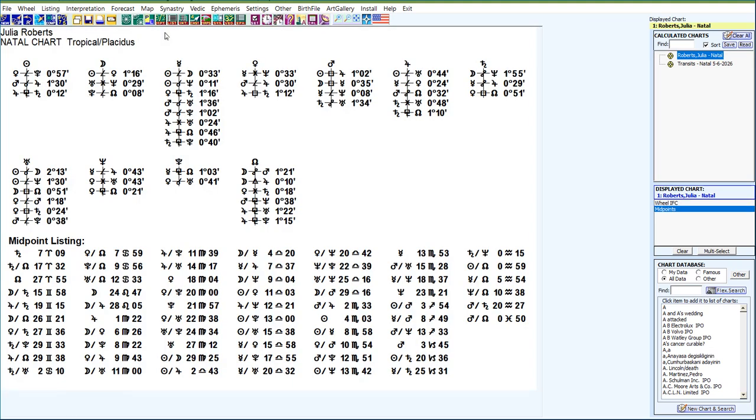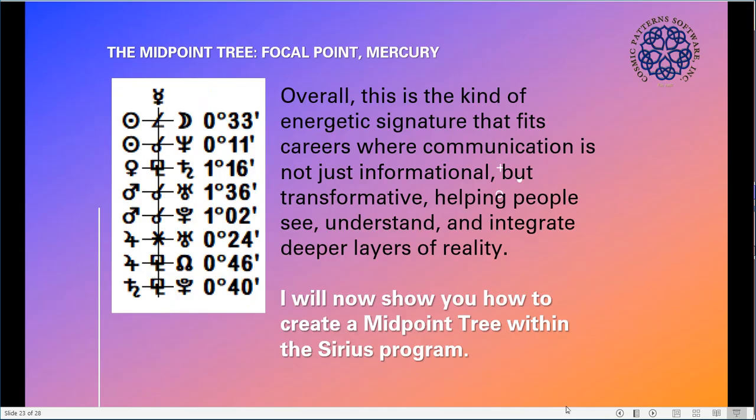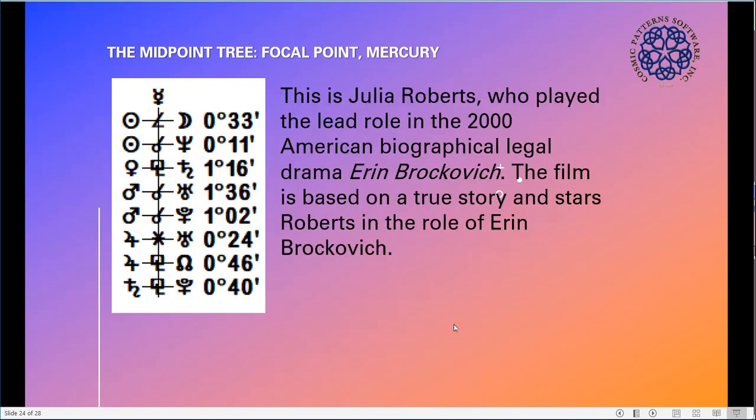This is the one that I selected in here. It caught my eye so much that I decided to do this presentation. Okay, so now going back, this is Julia Roberts, who played the lead role in the 2000 American biographical legal drama Erin Brockovich.